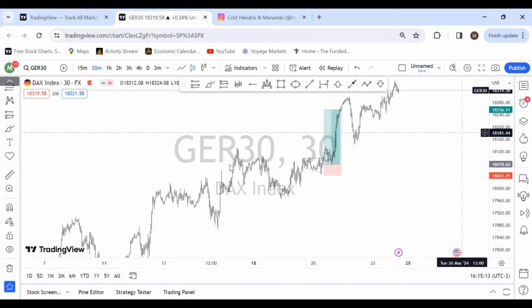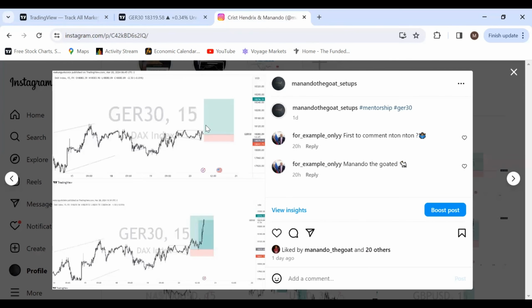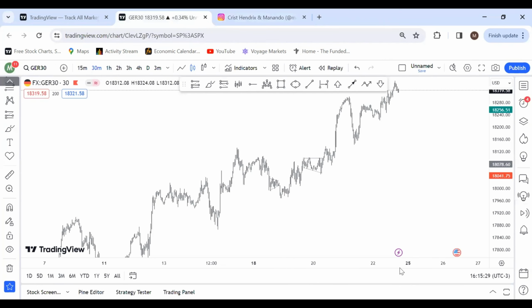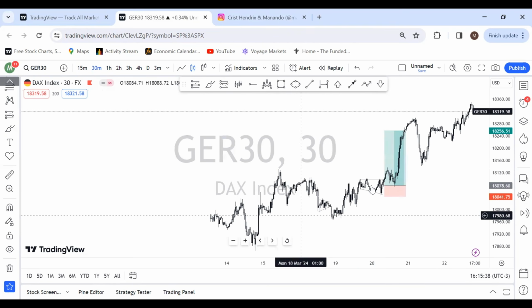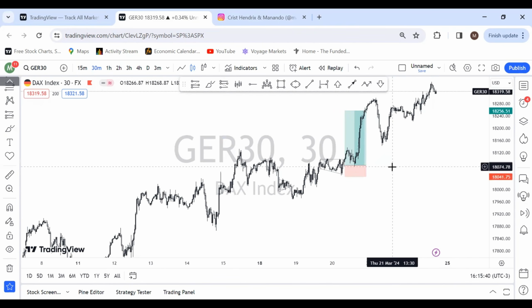So basically you can see the setup that I had, which is a bullish continuation, just like the Nasdaq setup, very similar. So this one, I didn't really use a lot of price action. All I did was I just spotted a correction and basically winged it.